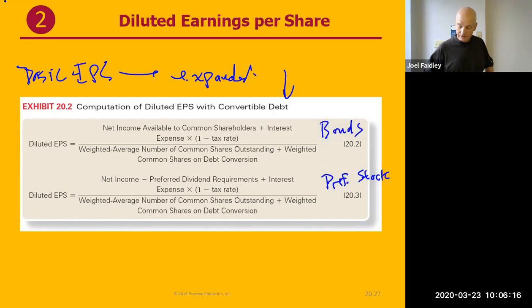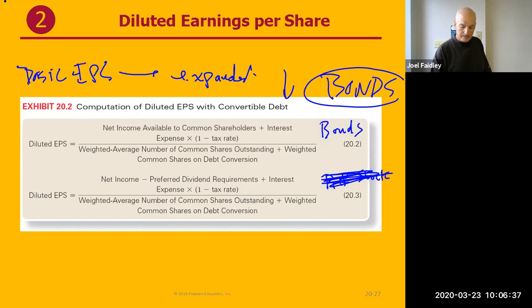And then for diluted earnings per share for preferred stock, those preferred dividend requirements, well, they're not doing preferred stock here. This is all about bonds, looks like. If you had preferred stock as well that maybe is not convertible, you're still subtracting preferred dividends out, but you're adding back the interest expense.